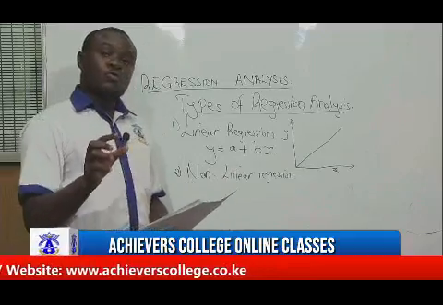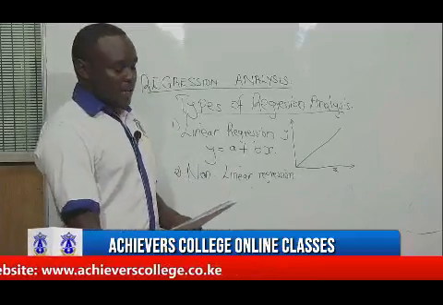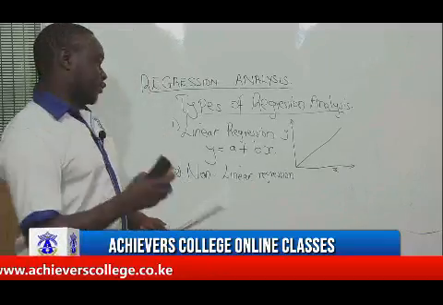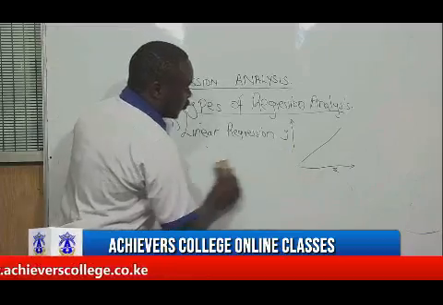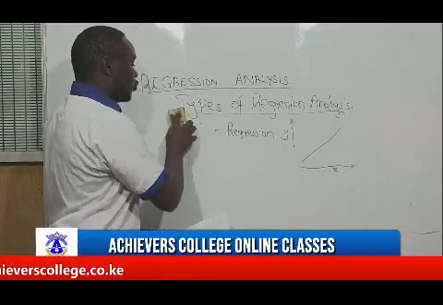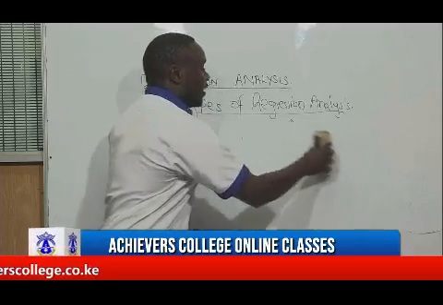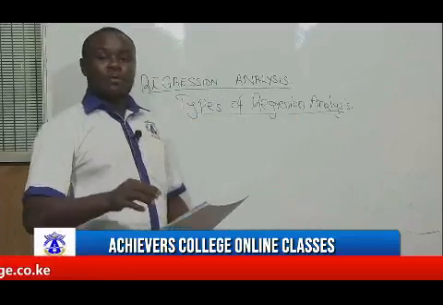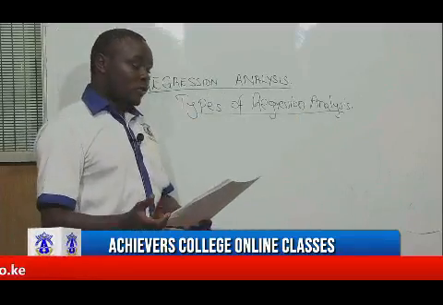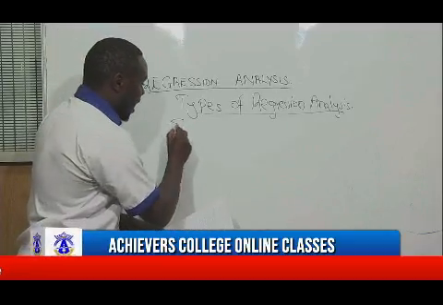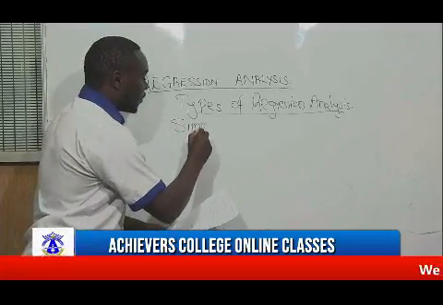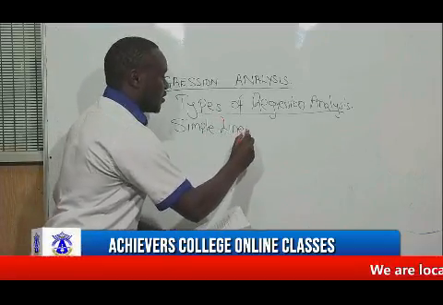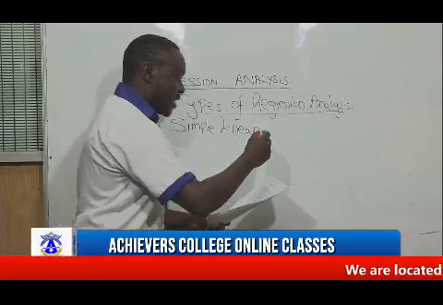I want to look at some details about simple linear regression. We want to examine an example there, where we shall be able to understand further when we talk about regression analysis. So we are looking at simple linear regression.